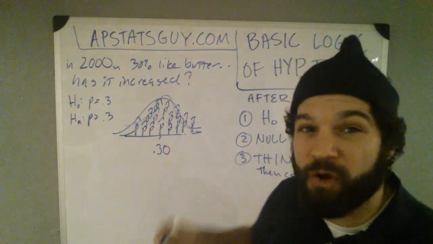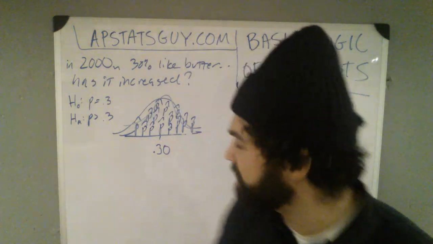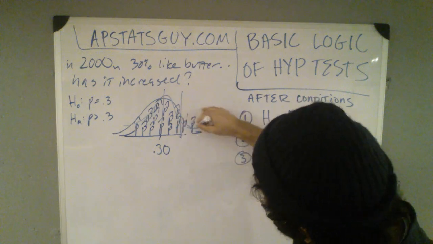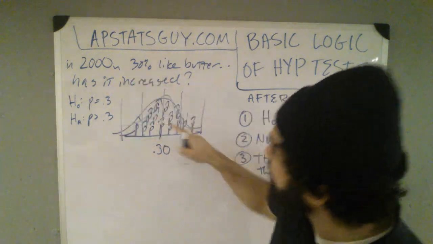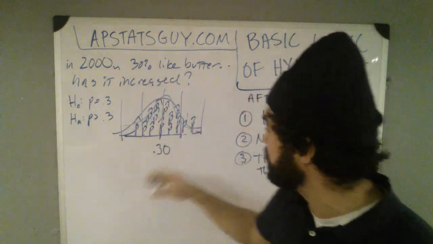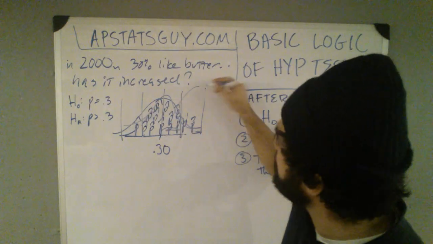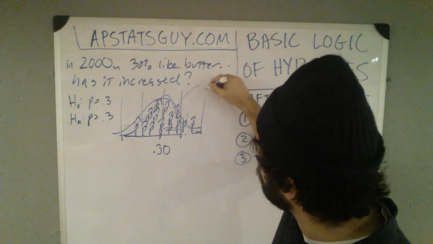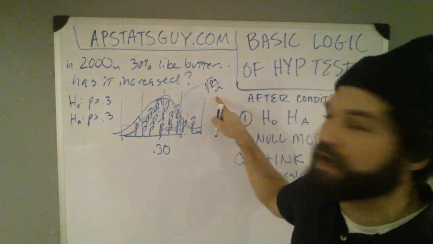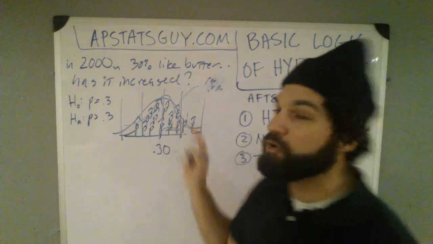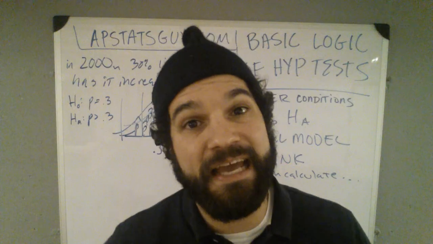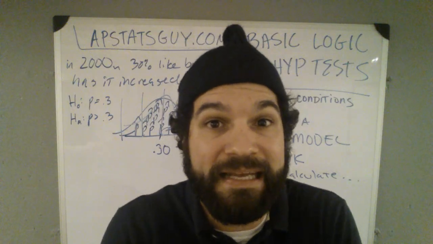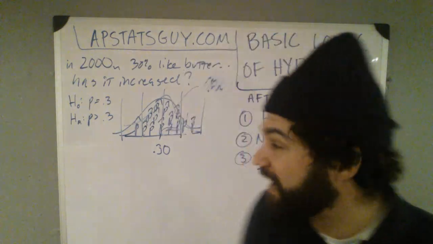And hopefully you remember this from sampling distributions, you end up getting this normal-ish model. That's your sampling distribution. You do this calculation, and maybe it's root PQ over N. I'm not going to go into that right now. But suppose you calculate the standard deviation of your sampling distribution model is 5%.